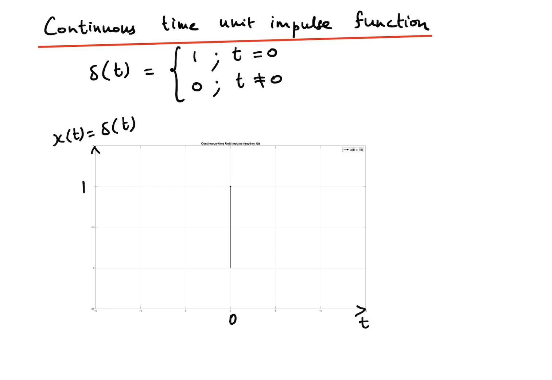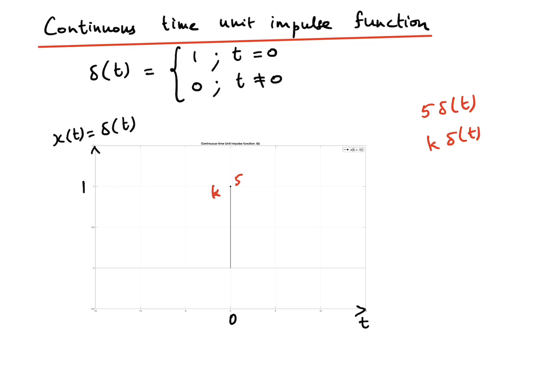Now instead of the amplitude being 1, we can multiply the delta with some constant. If we write it as 5 delta of t, that means this amplitude here will become 5. If we write it as some k times delta of t, then this amplitude here will become k.